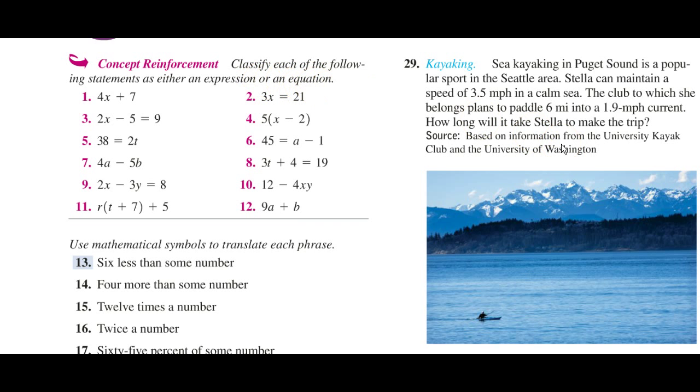Now, we run across this throughout our work in algebra, and the key difference between an expression and an equation is that in an expression there are no equal signs.